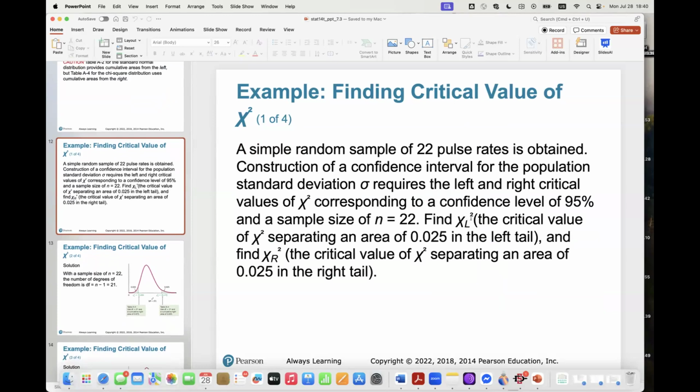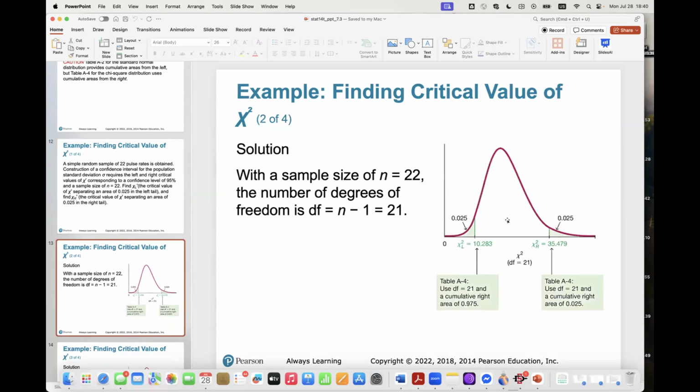Here, we want the critical value of chi-square separating an area of 0.025 in the left tail, and this one in the right tail. So we know 0.025, and then you can find 10.283 from this number. Okay.